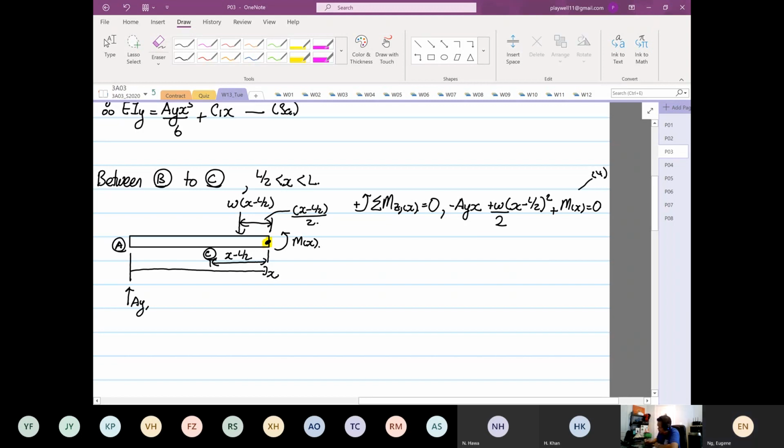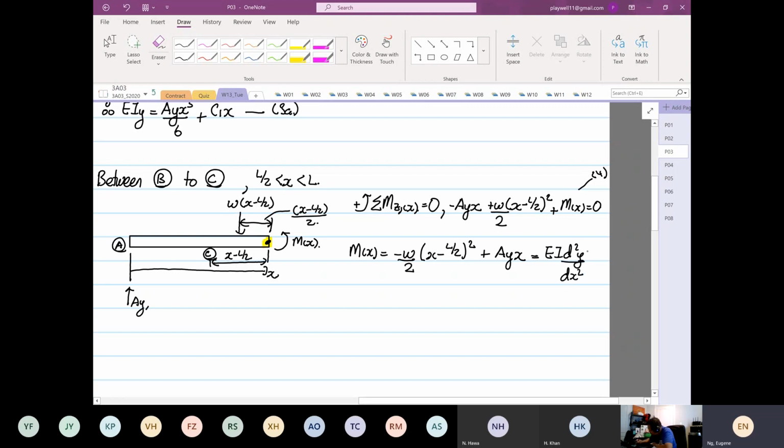So we will rearrange. So M as a function of x is equal to minus omega over 2 times x minus L over 2 squared, plus Ay x, and then this is equal to EI d squared y over dx squared.